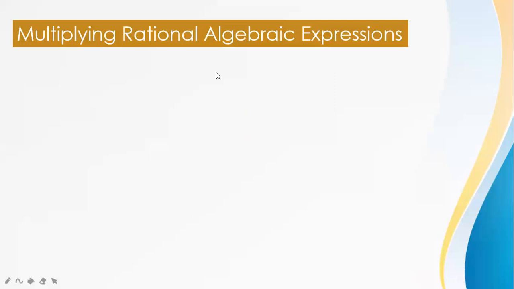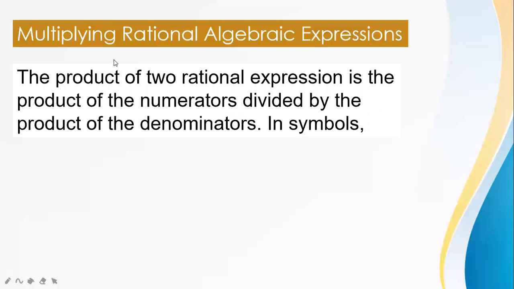Then we have multiplying rational algebraic expressions. We have the same procedure as in multiplying fractions. The product of two rational expressions is the product of the numerators divided by the product of the denominators. So in symbols, we have A over B multiplied by C over D, where A, B, C, D are polynomials.